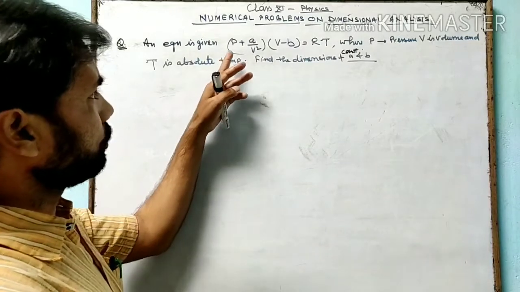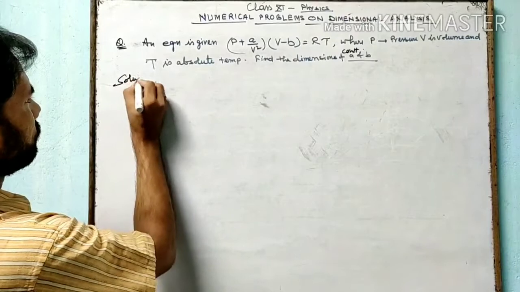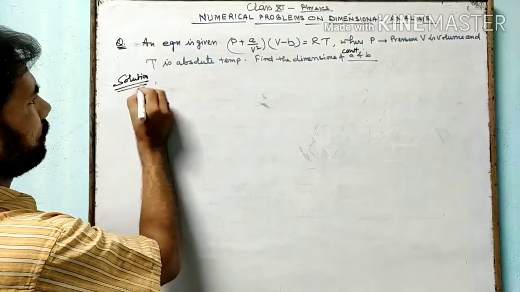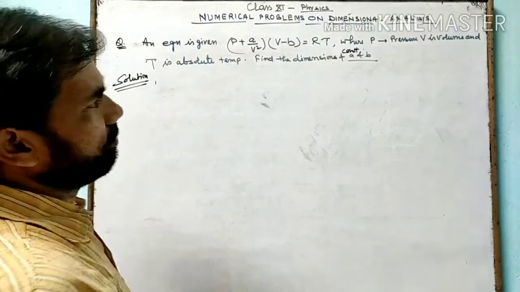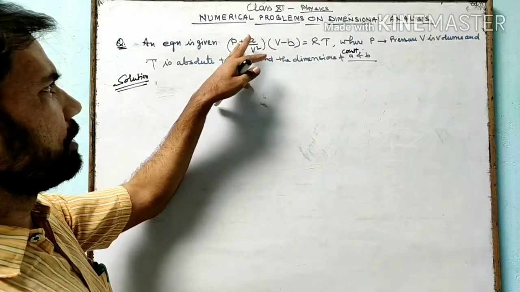Here, as you know, this is the van der Waals equation of gas. P is the pressure.